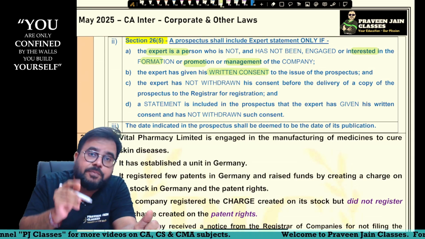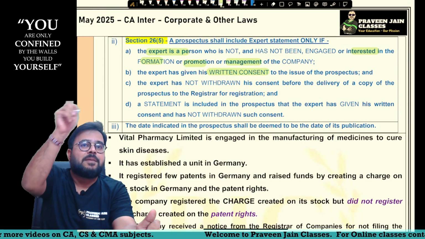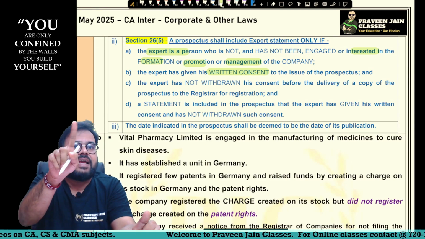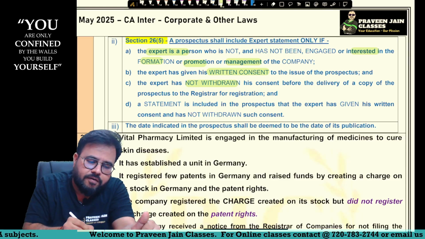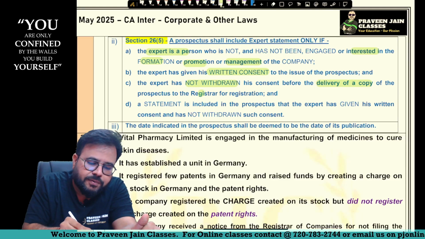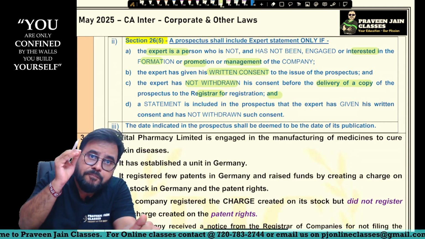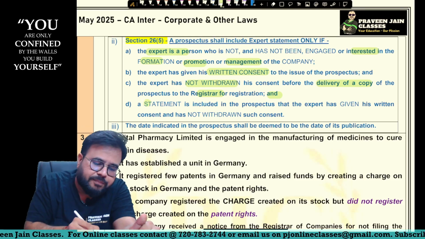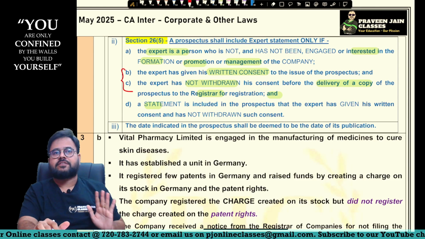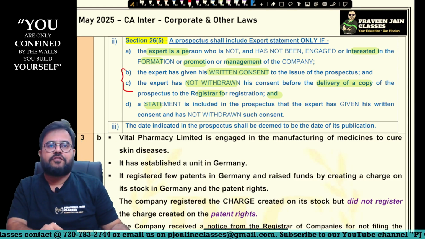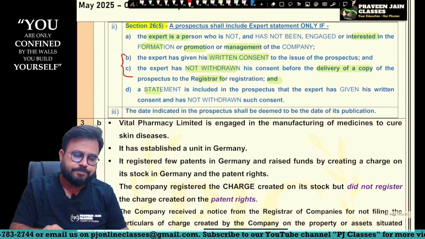Plus, that expert should have given written consent. Written consent for what? His statement can be included in the prospectus. Like that, he has to give one written consent. Plus, that written consent should not be withdrawn when the company is delivering the prospectus to the registrar, sir. Plus, on the prospectus face page it is mentioned that these 2 points are satisfied. So that also has to be written, sir. If all these conditions are fulfilled, then you can include that expert's statement in the prospectus, sir.